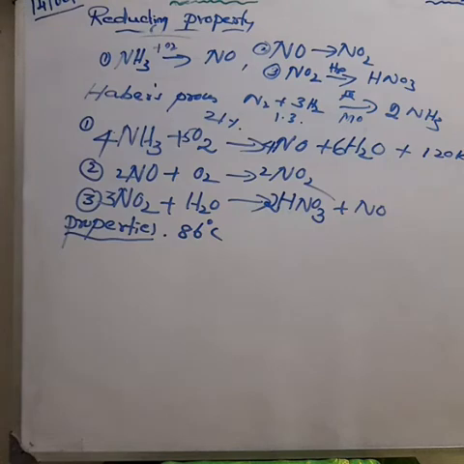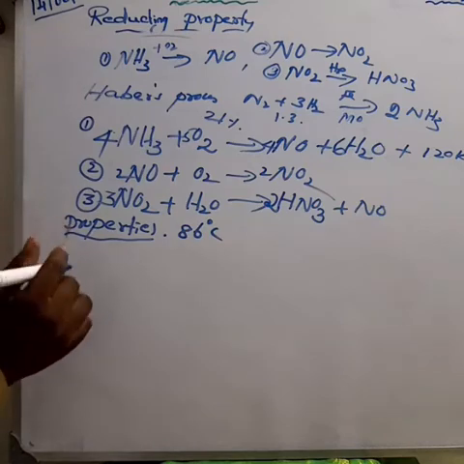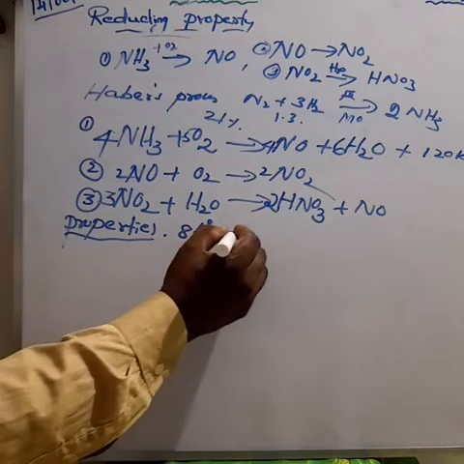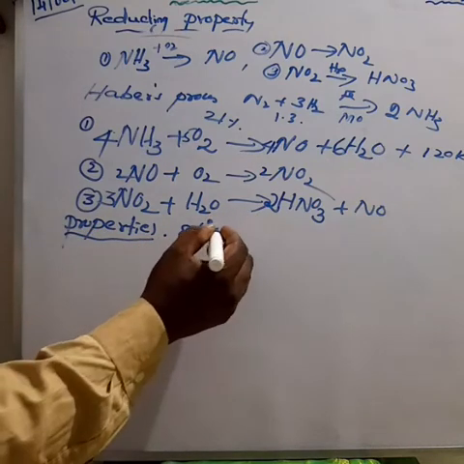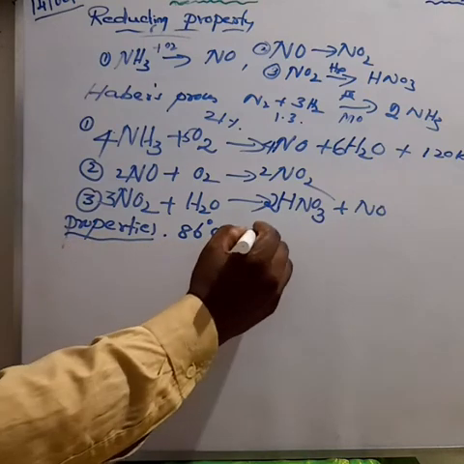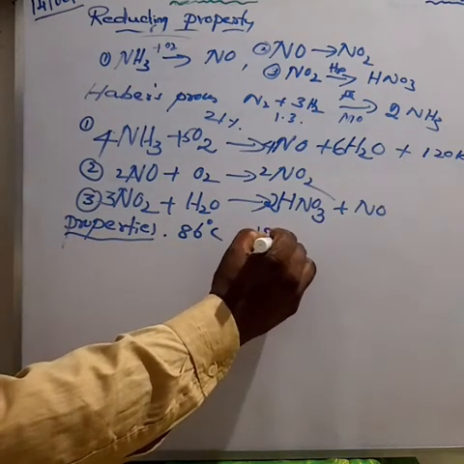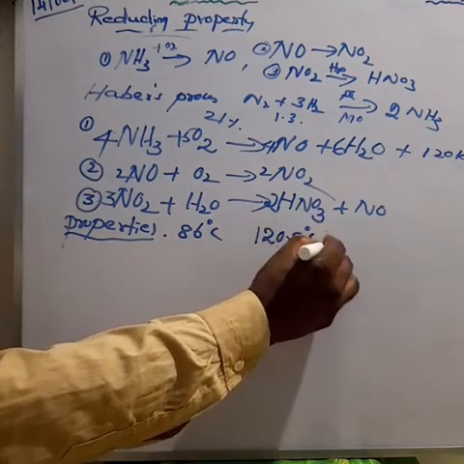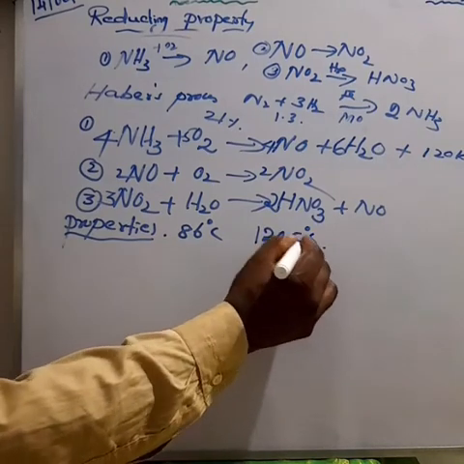It forms a constant boiling mixture, about 98% nitric acid. The boiling point is about 120.5 degrees Celsius.